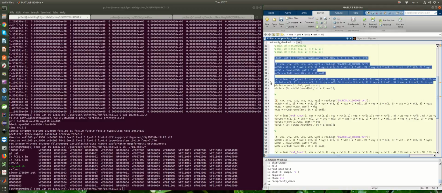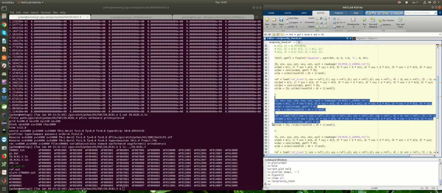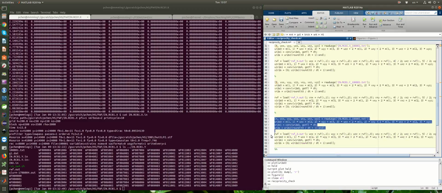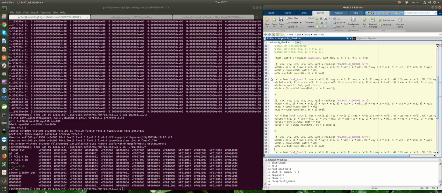This part is for the x component, this part is for the y component, and this part is for the z component. For each component, I have 2 sections of code. This one is just using the output file, the synthetic seismogram file created by SW4.